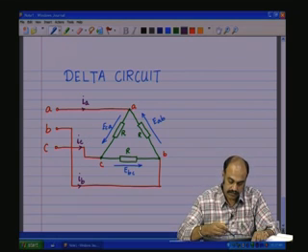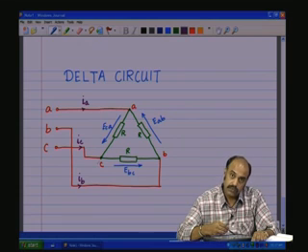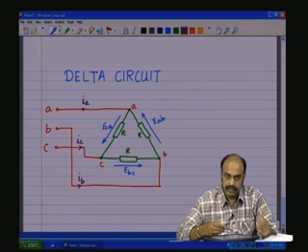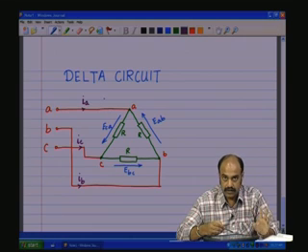All phase voltages, you see across all the phase circuits, you have EAB which is directly connected across the line A and B. EBC, the phase circuit, this R is connected directly across B and C, and so also ECA. So, the phase voltage and the line voltage are the same, whereas in the case of star, the phase currents and the line currents are the same, and in the case of the delta circuit, the line currents and the phase currents are not same as it was in the case of the star circuit.